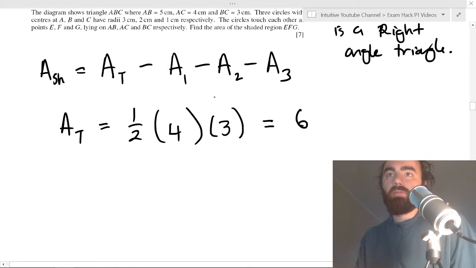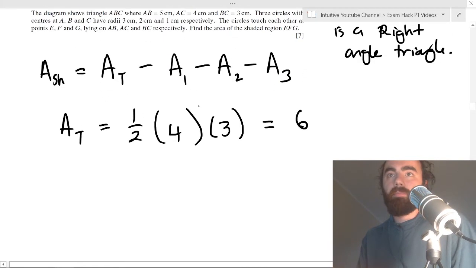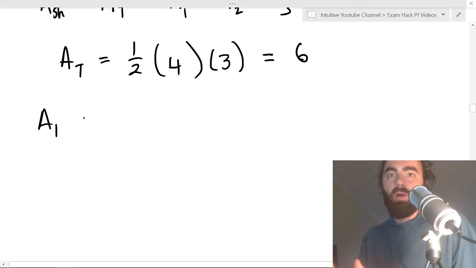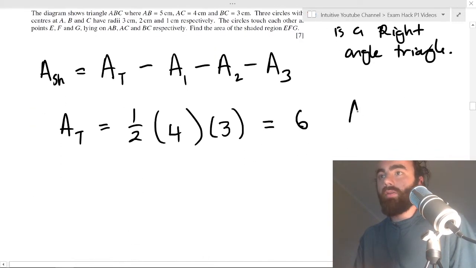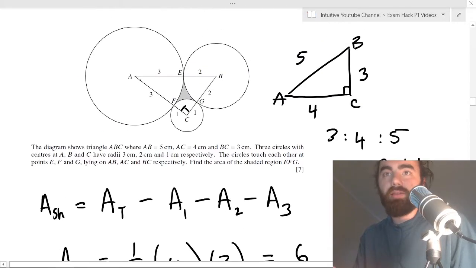Okay, now let's work out these sectors. So A1, well, the area of a sector is half r squared theta, where theta is in radians. So for this sector 1 here, we want to find this angle.